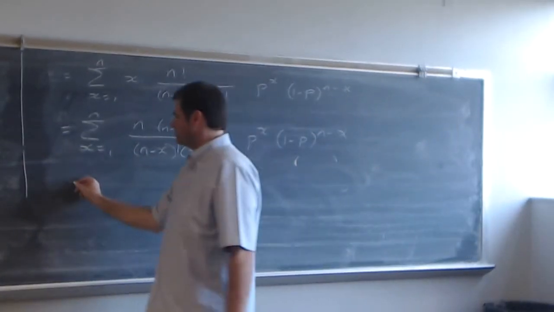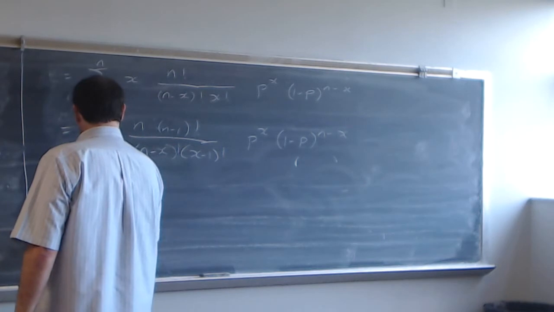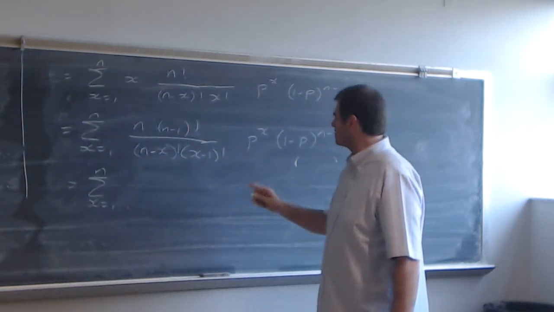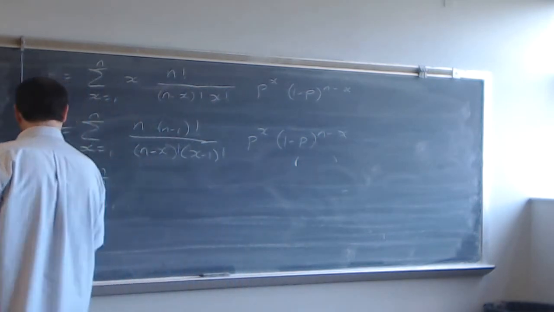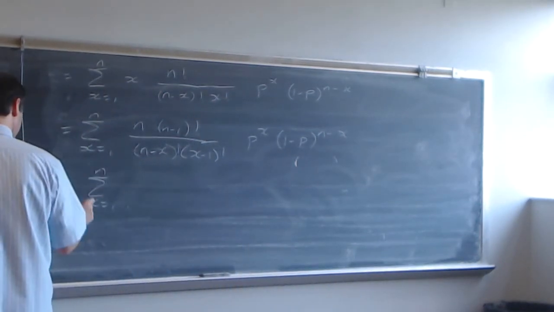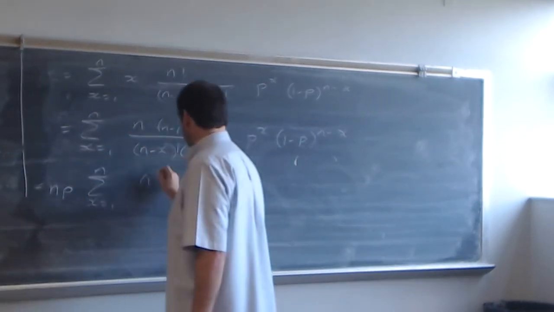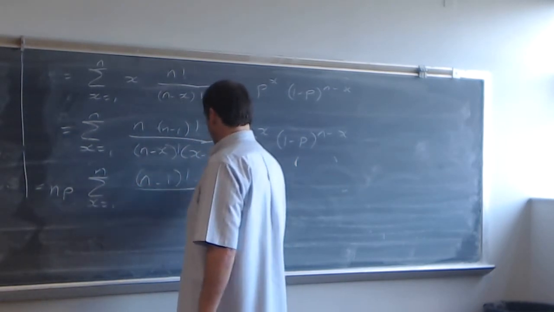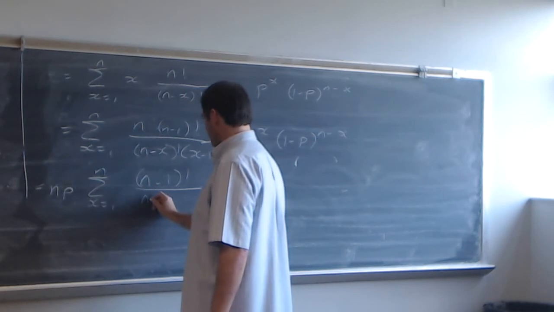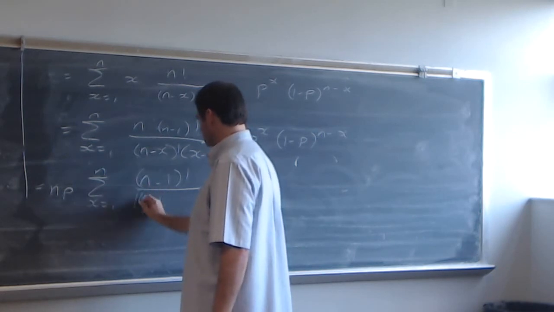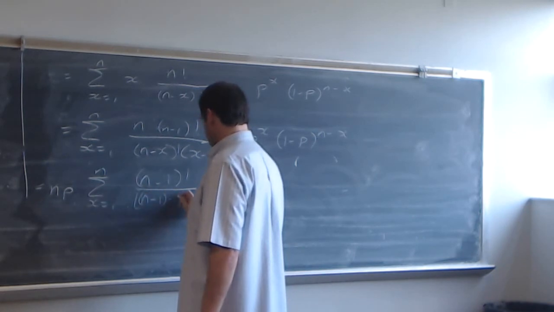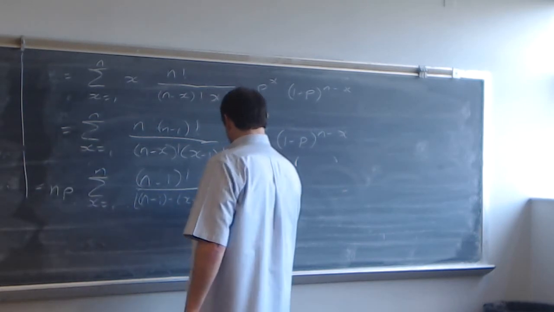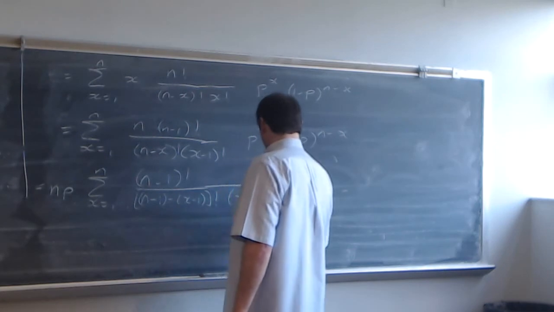This is equal to the sum as x runs from 1 to n. Let us pull out an n and a p, and then look at what remains. So this is n minus 1 factorial over n minus 1 minus x minus 1 factorial, and then x minus 1 factorial.